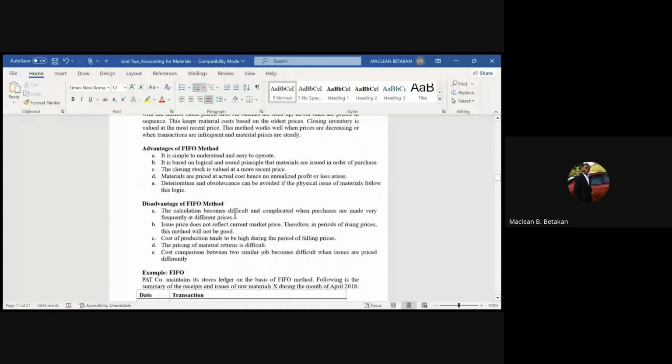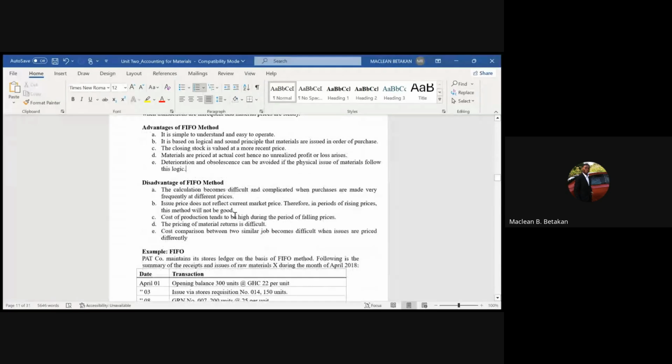The disadvantage is that it sometimes becomes cumbersome to calculate when the items in your stores are so many. You cannot even locate the first item you brought into the store. Also, the issuing price does not reflect the current market price. You are selling what is old, but currently that item can be bought at a higher price.